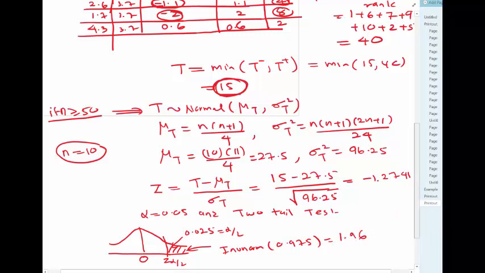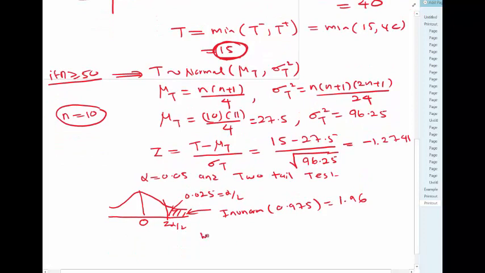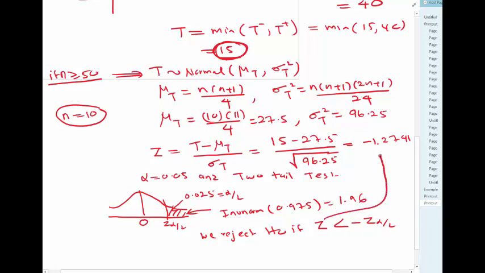Now we reject H naught if z is less than negative z alpha over 2. So what is my statistic, converted to the standardized score?